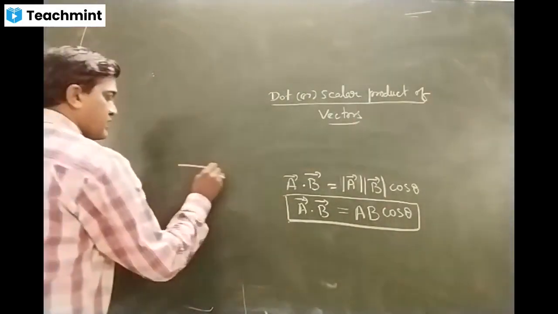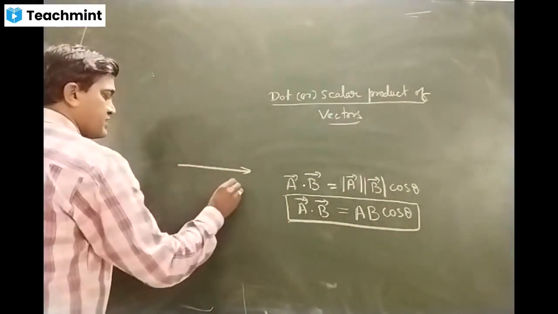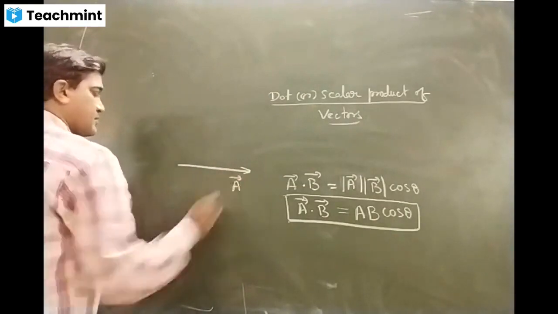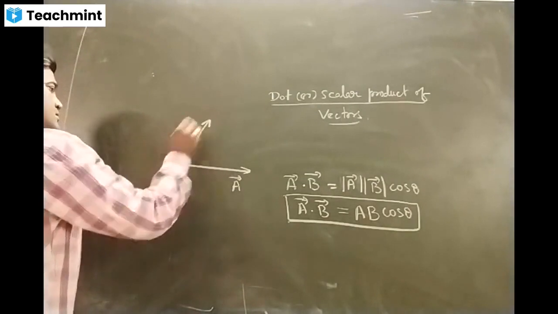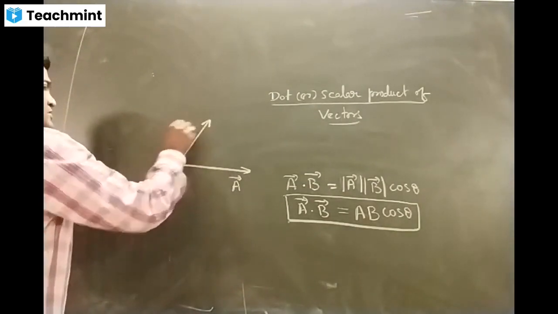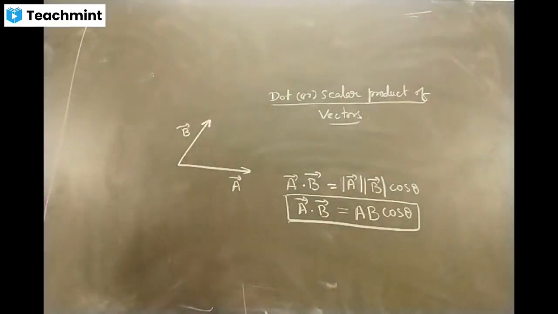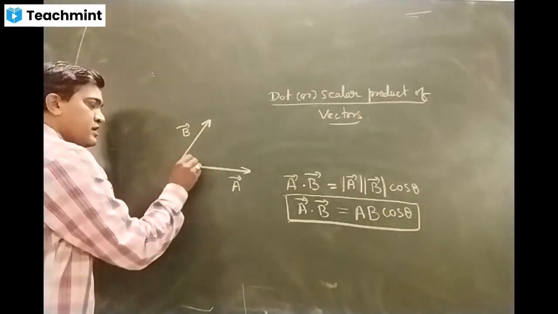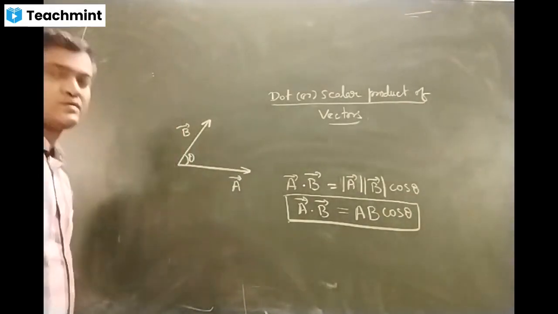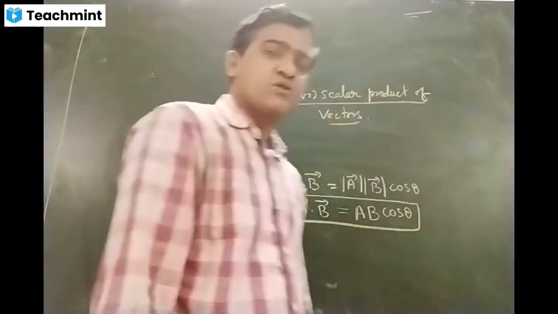For example, I have the first vector as A bar and the second vector as B bar, and theta is the angle between A bar and B bar. Now, how can we resolve vector B bar?